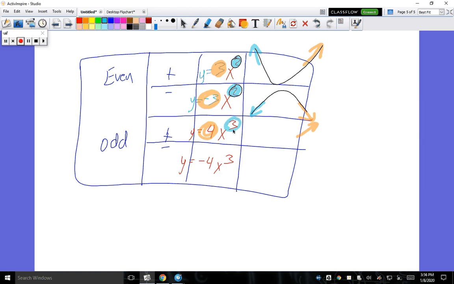Because it's an odd number, if I go to the left, what do you think it's going to do? It's going to go down. Okay, this is odd. Because this is 3 minus 1, there's possible 2 changes of direction. The graph will look like that. You with me? And then over here, the only difference is that it's going to go down as you go to the right. Everything else is the same.